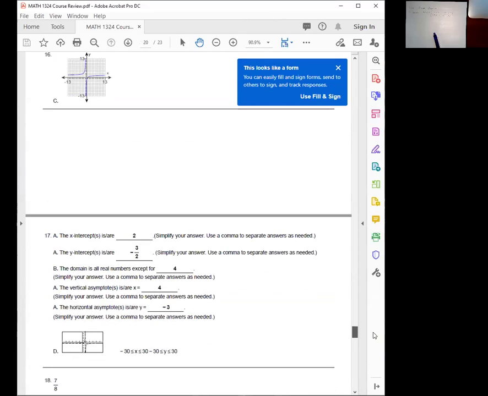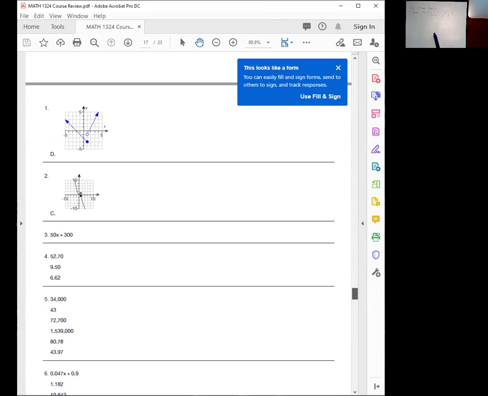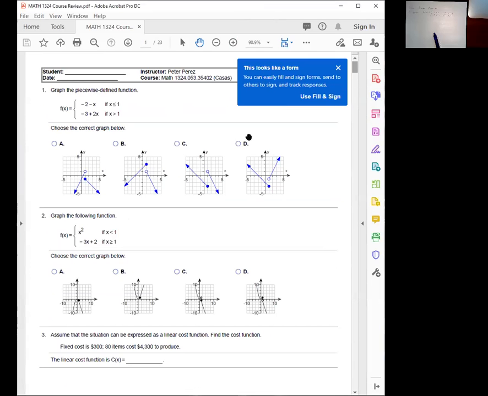Let's check ourselves. Yeah, 1, D. You guys have any questions on how you graph these guys or how you distinguish between the choices? Okay.